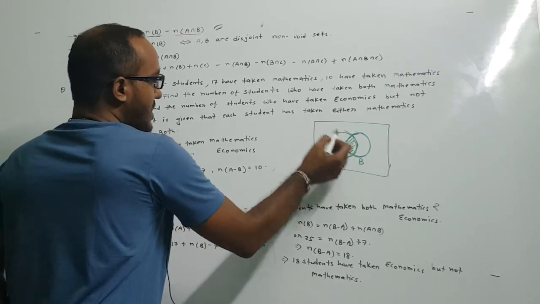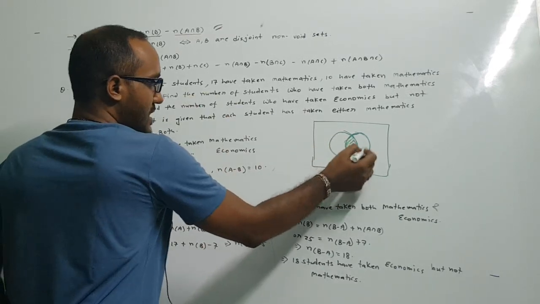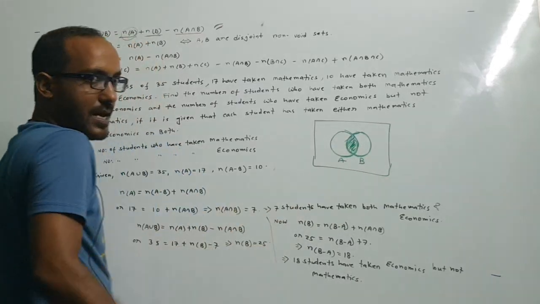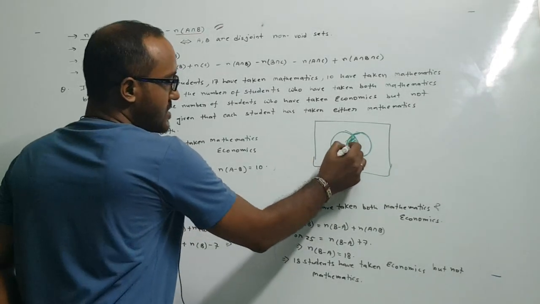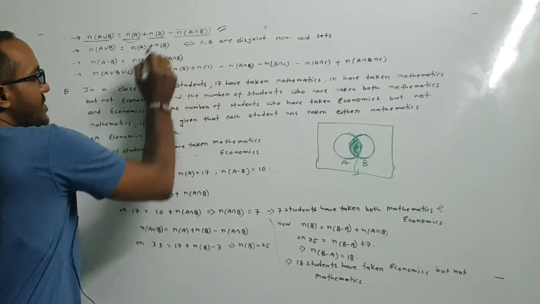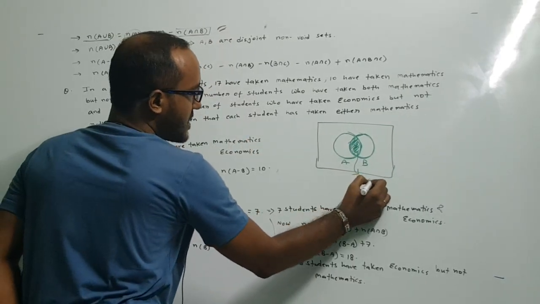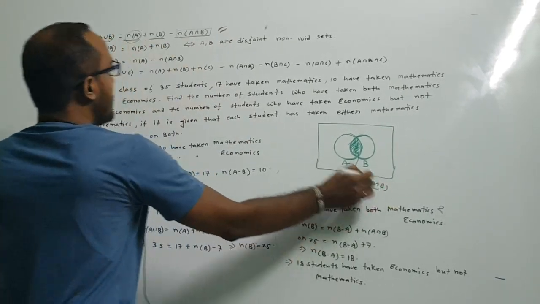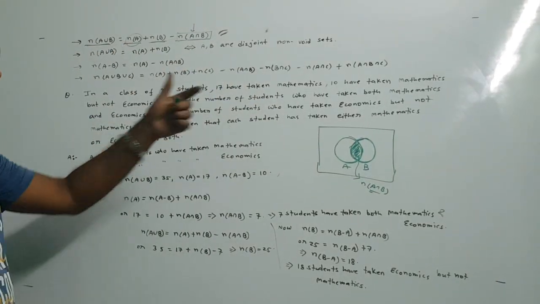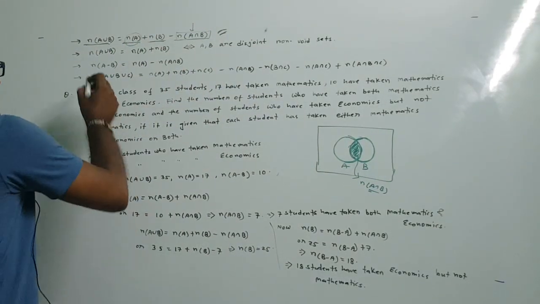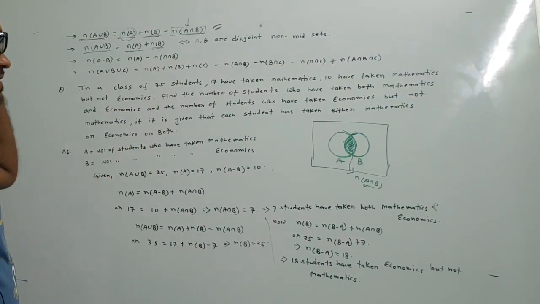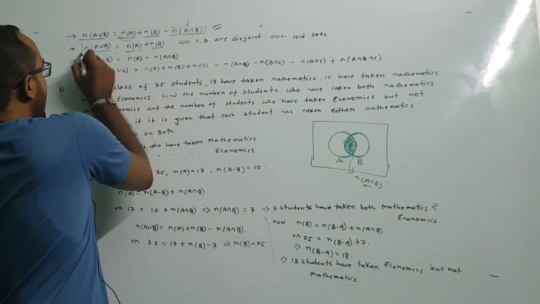So N of A union B should be N of A plus N of B, and as we have taken this middle part twice, we have to subtract one N of A intersection B. This is your N of A intersection B. So this is the proof. Now see, N of A union B is N of A plus N of B. When will this happen?